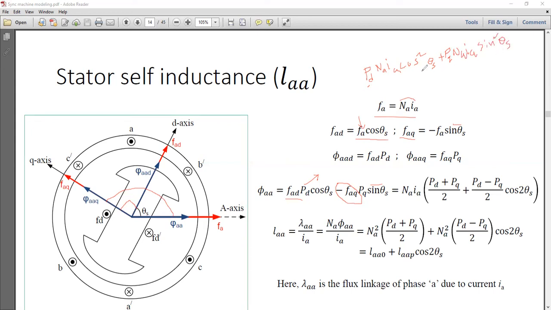So you apply your previous trigonometry knowledge. You take this NAIA common. You include a half with that because there is cosine square theta and sine square theta. So make it 2 cosine square theta and 2 sine square theta, and you continue with the calculation.